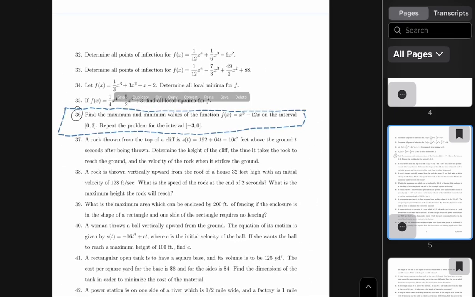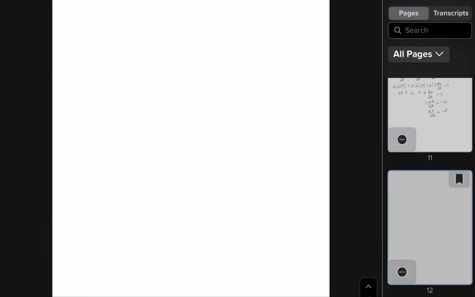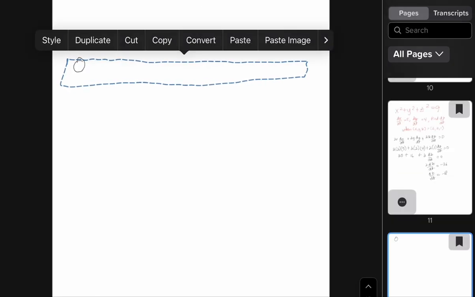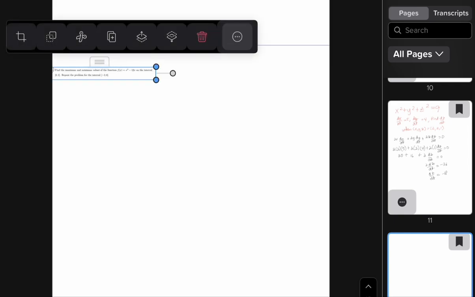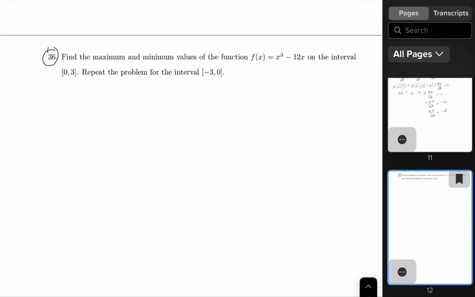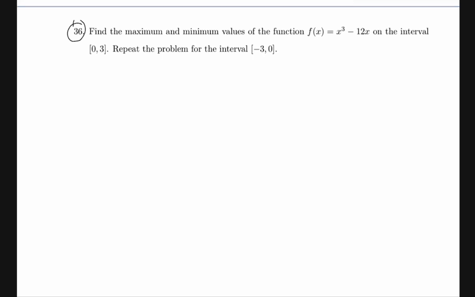Because I know that you guys know this stuff, it should also be a pretty straightforward process. But you guys tend to overthink it. And I don't know, your mind goes blank or something. Let me remind you of the rules, okay? The first thing you want to do is find the derivative.